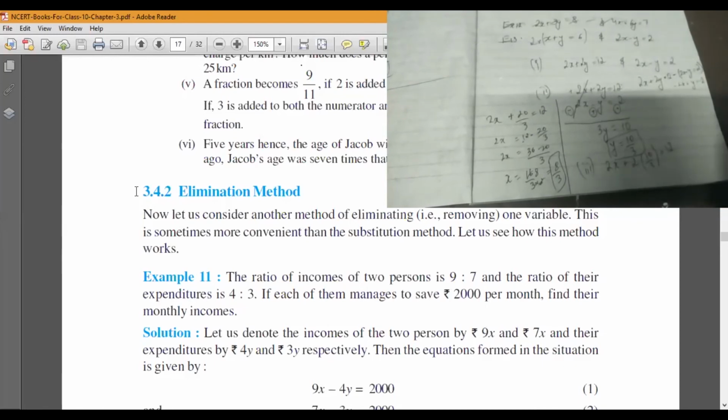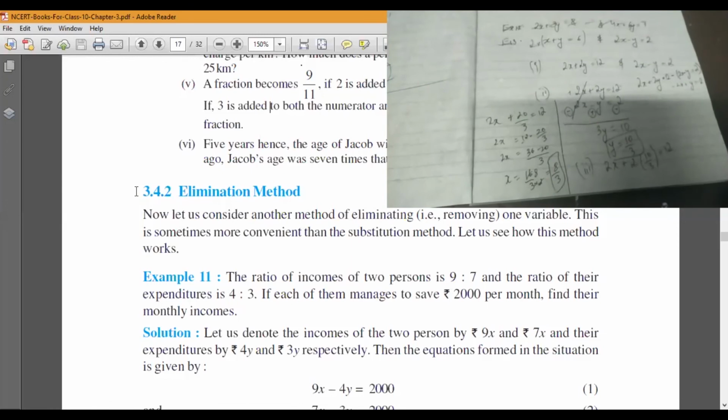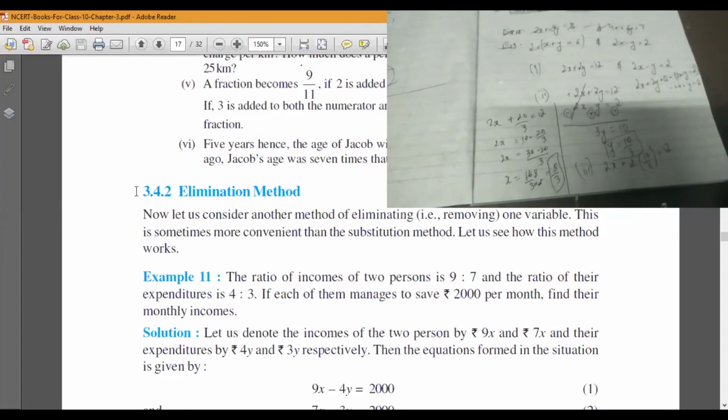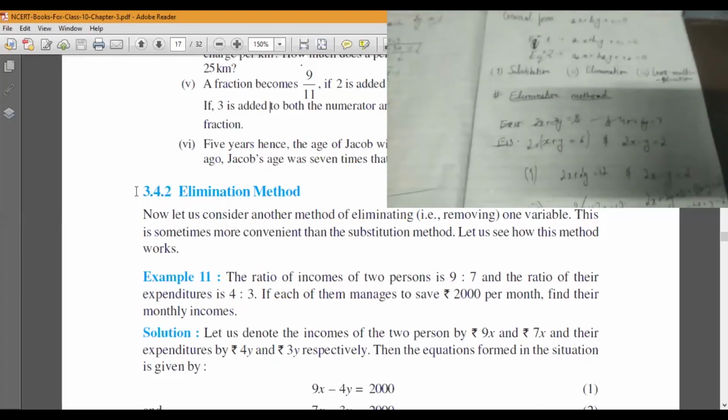If the number of variables increases, then the number of equations has to increase as well. If you are given three variables, then you require three equations to solve that. We don't have much of an example in class 10th, but in 11th and 12th we'll be dealing more with three variables. So this is one of the methods to solve linear equations in two variables.